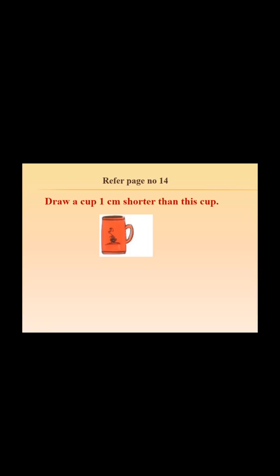So the height of the cup will be 5 minus 1 centimeter, that is 4 centimeter. So here the cup with 1 centimeter shorter length is drawn below. This is the cup having the height of 4 centimeter.